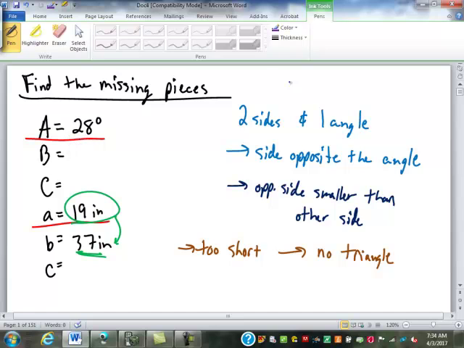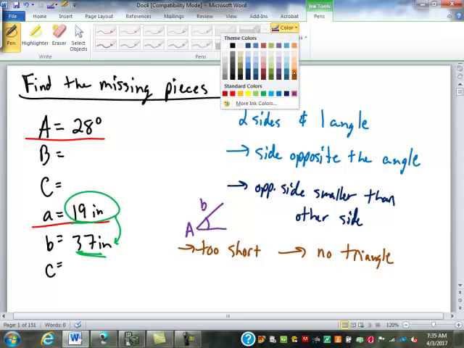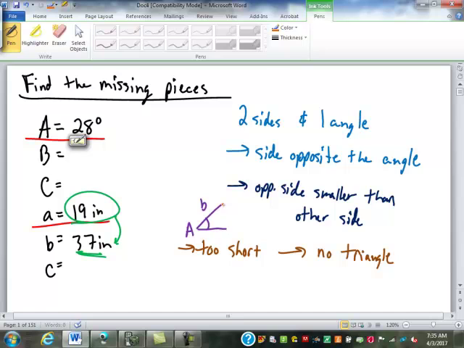It does form a triangle. Remember what we said is it could not form a triangle if we have this angle here, angle A, and side little b. It's possible that side little a is so short it can't possibly reach back down to the other side. That's not a problem in this case.